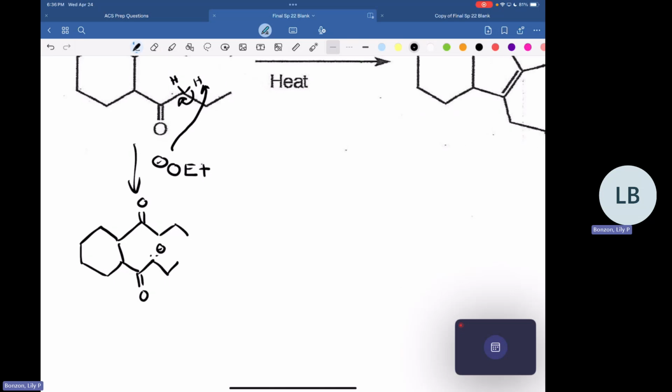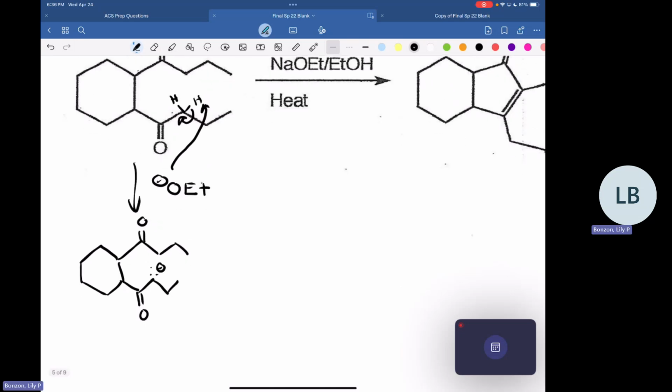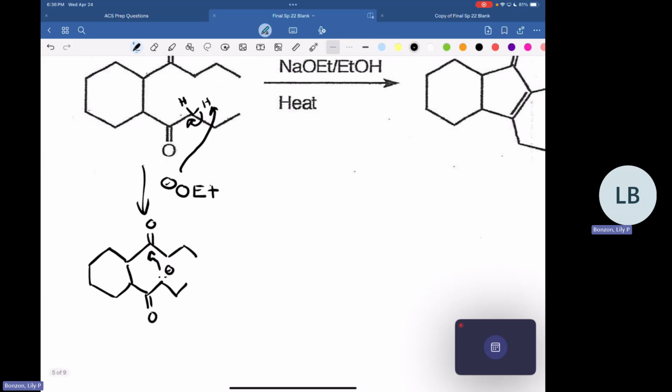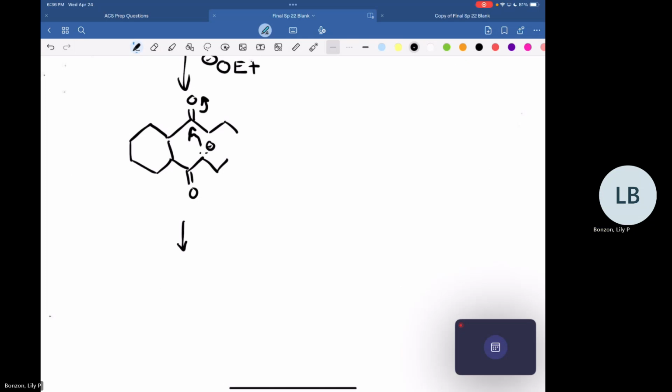All right. And so then we're going to have this carbanion attack the other carbonyl. We know that we want to attach this ring together, and also that carbonyl is going to be a good partial positive electrophile. So that's going to kick up the carbonyl. We're going to get our O-, then we're going to form that.